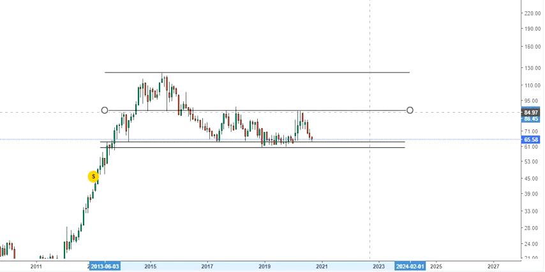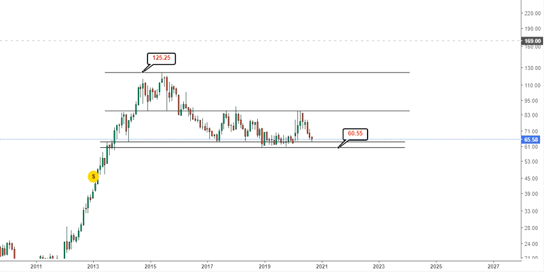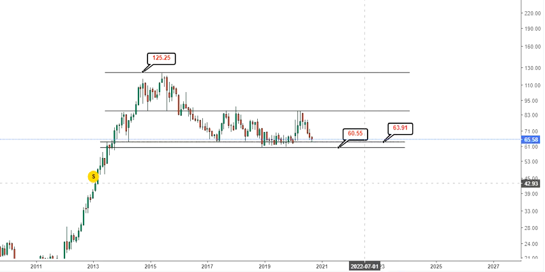Understand one thing: the stock is currently trading between $60.55 on the downside and $125 odd on the upside. This is the broad range inside which the stock is trading right now, and you have two important support levels, 63.91 and 63.55.